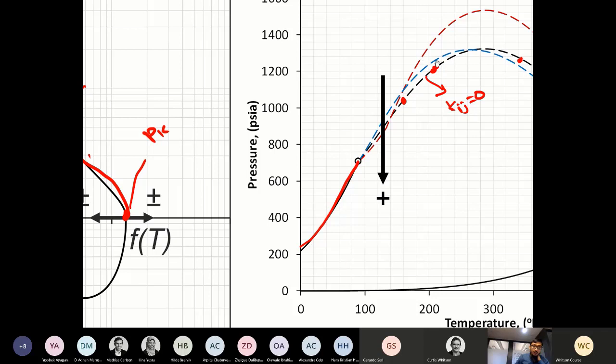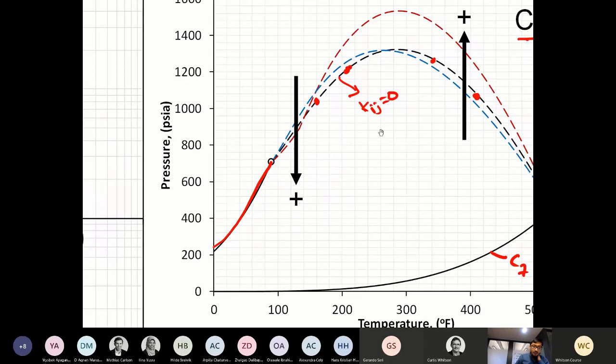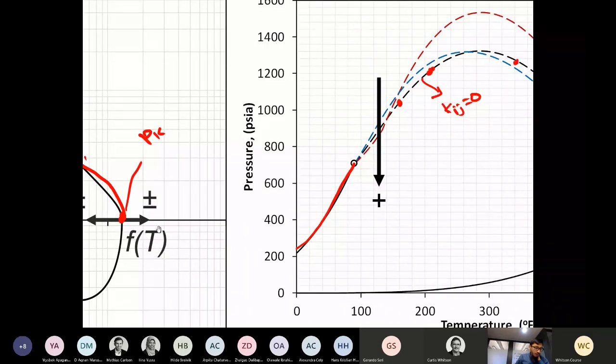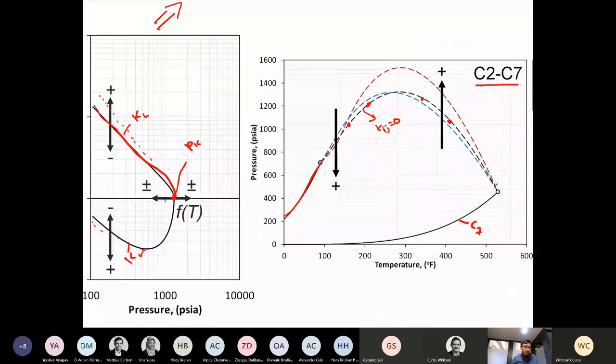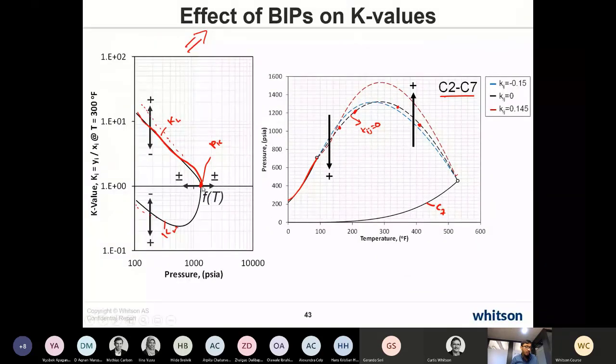Same if we look at this blue line, which is with the negative binary interaction parameter, and we look with reference to the zero binary interaction parameter line: at temperatures lower than, for example, this temperature, it is moving to the right of the zero binary interaction parameter line, so it's moving in this direction. And then at higher temperature, it's moving in the other direction. So how the convergence pressure is going to move is mainly a function of temperature, and you don't know in which direction it's going to move.